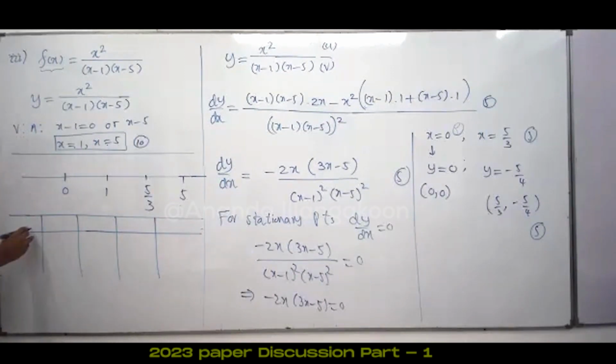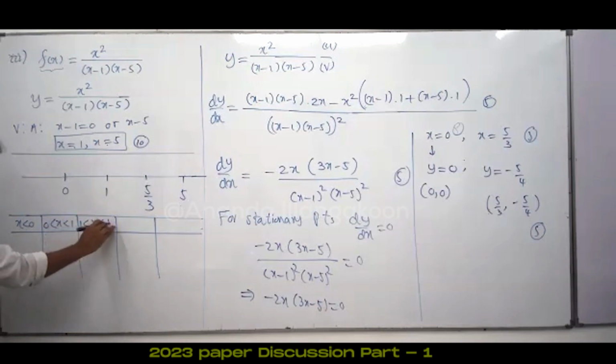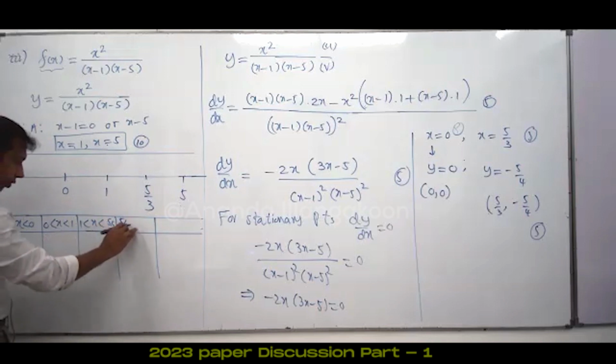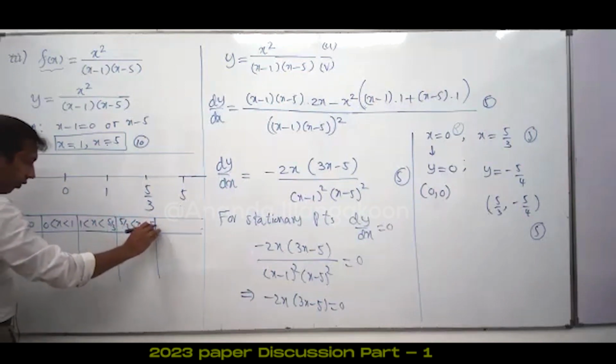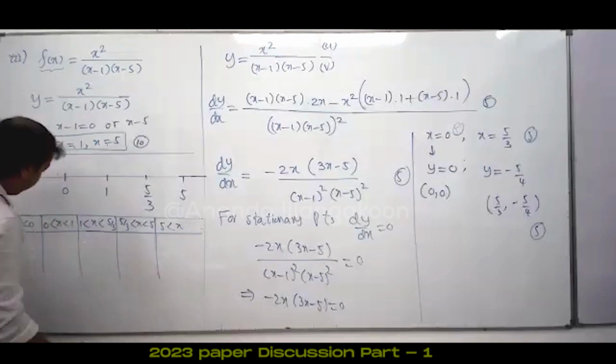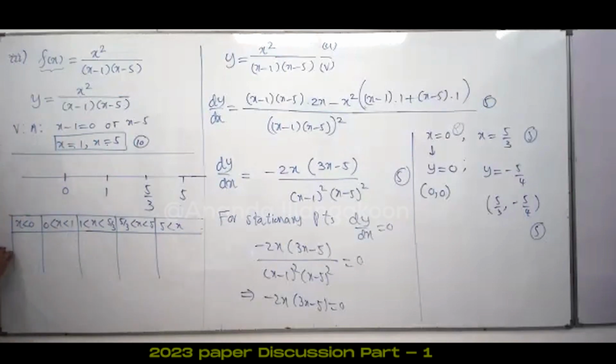What is this range? x less than 0. This range between 0 and 1. Here between 1 and 5 by 3. This is between 5 by 3 and 5. This is greater than 5. In each interval, we have to find the sign of dy by dx.